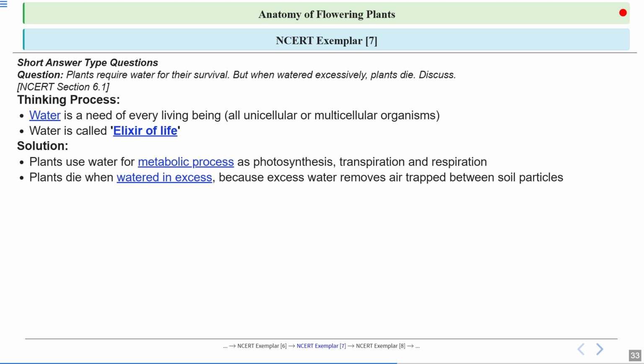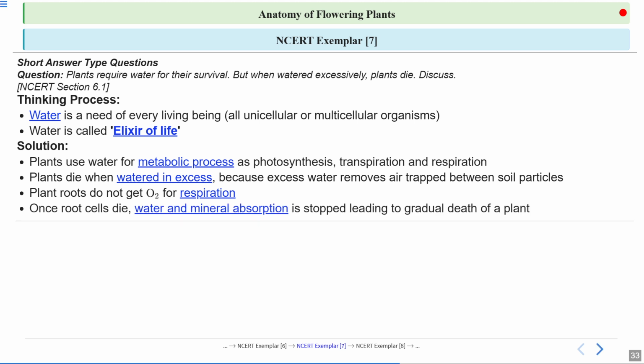So plant roots do not get oxygen for the respiration process. And once root cells die, water and mineral absorption is stopped, leading to the gradual death of the plant. So this leads to the death of the plant as you water so much, right?